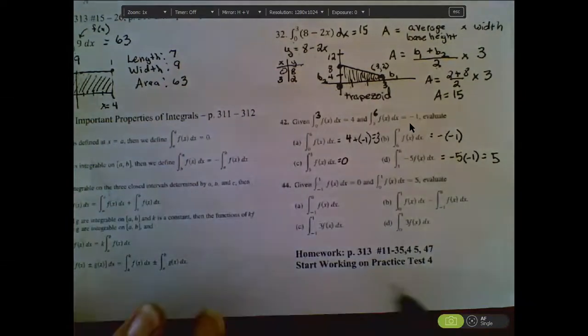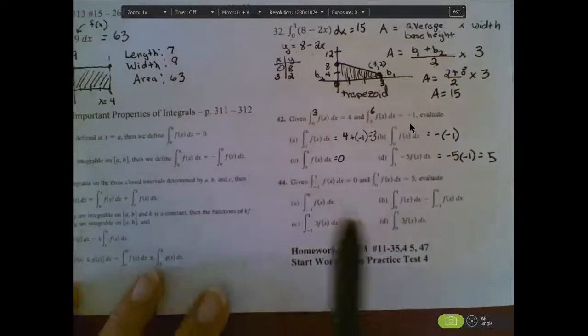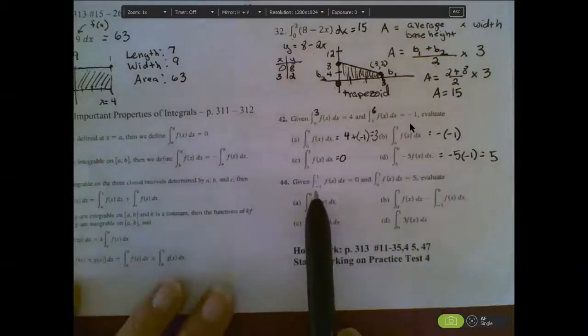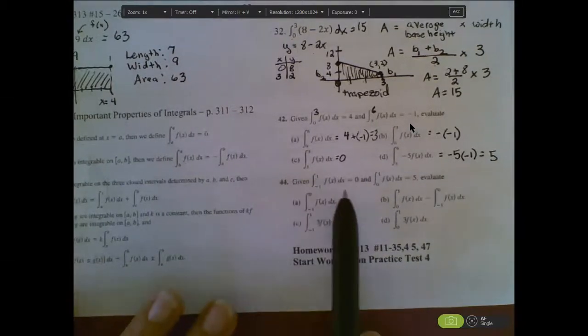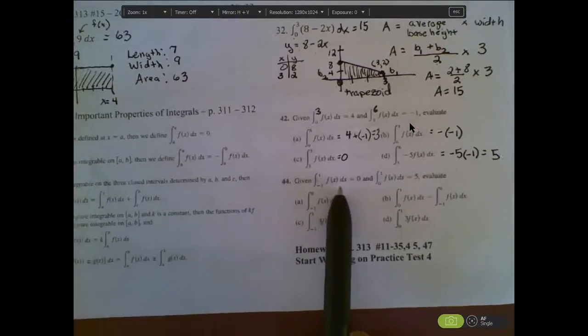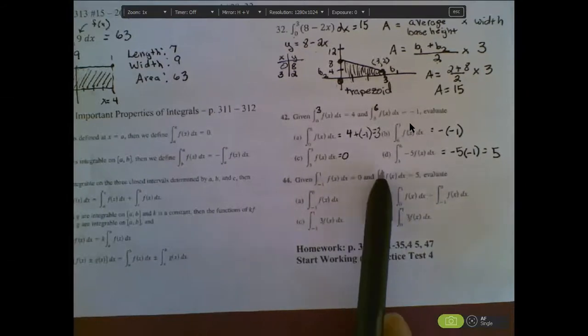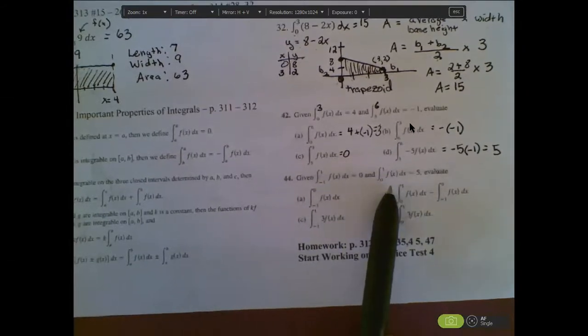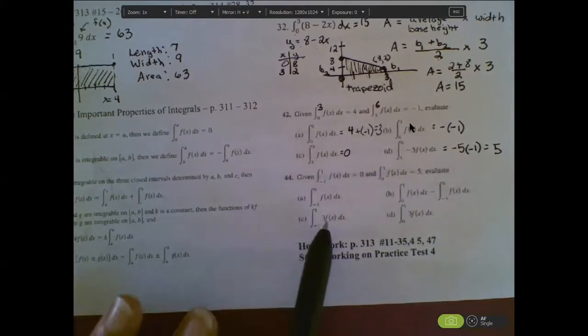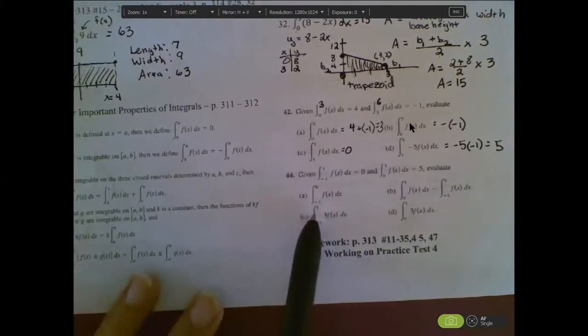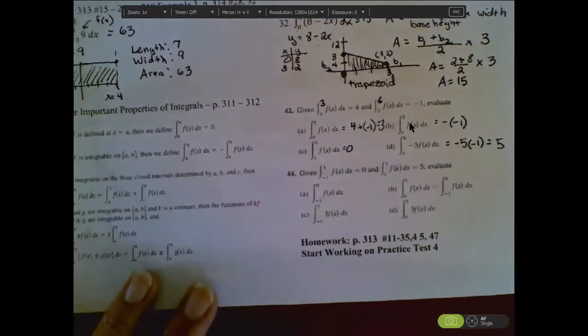All right, last one. Number 44 says the definite integral from -1 to 1 of some function f of x dx is 0, and the integral from 0 to 1 of that same function is 5. How would we find the definite integral from -1 to 0?